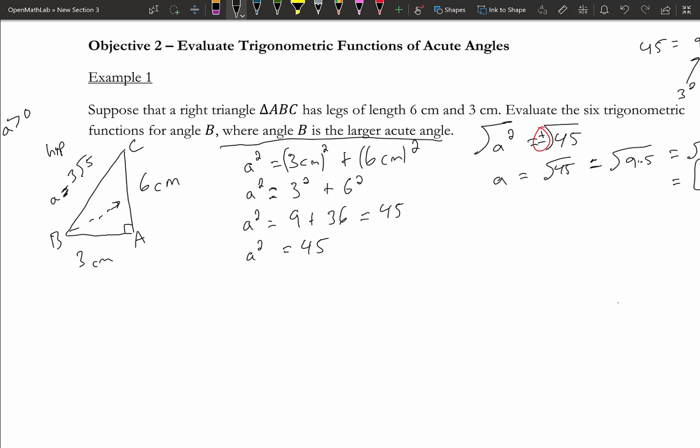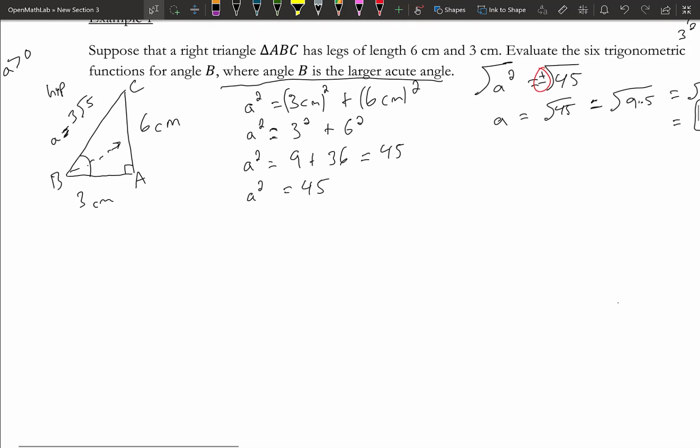And we're putting everything in terms of angle B here. So it might be easy to make a key: my hypotenuse is equal to 3 radical 5.